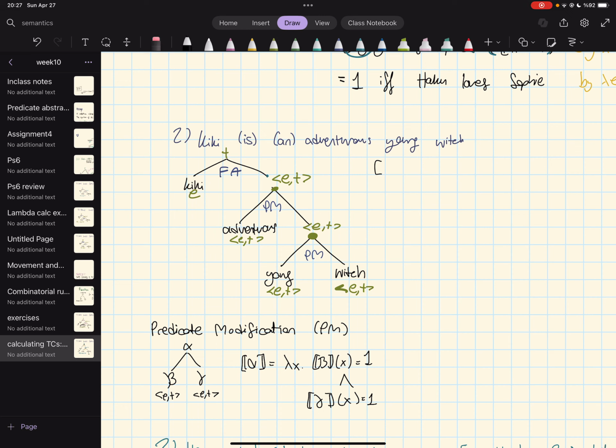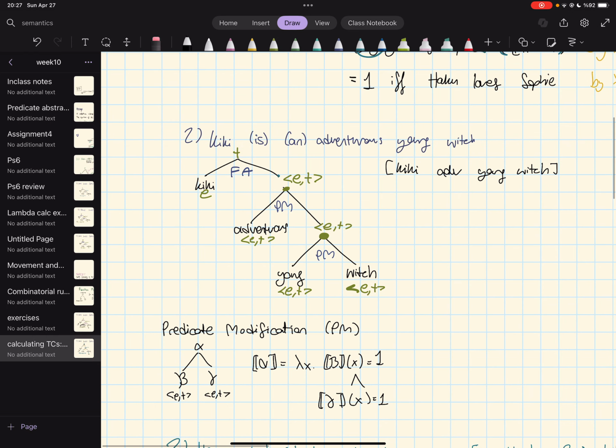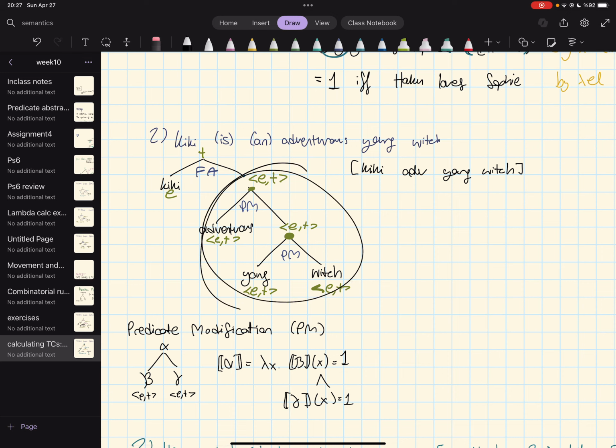Let's write down the whole sentence looking at my logical form, which is Kiki, adventurous, young, witch. I'm not including is or a. Kiki, adventurous, young, witch. The first thing I need to do is take Kiki as the argument, therefore factor out Kiki and use this part as the function.